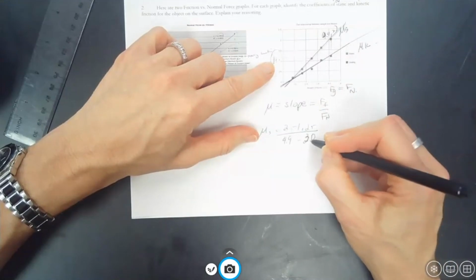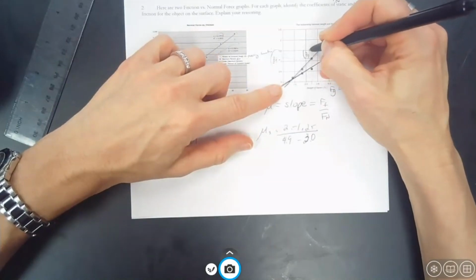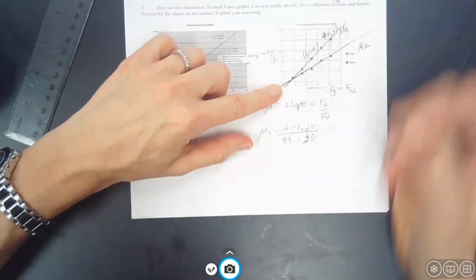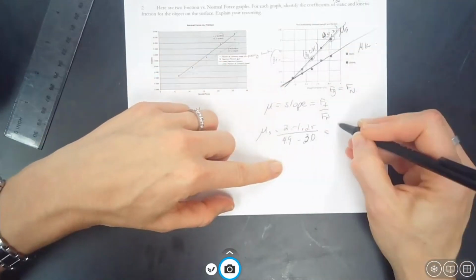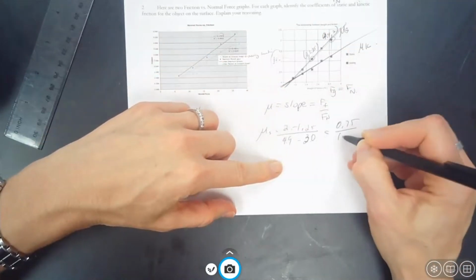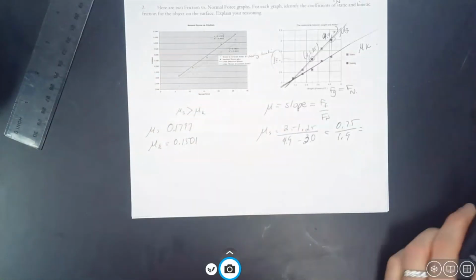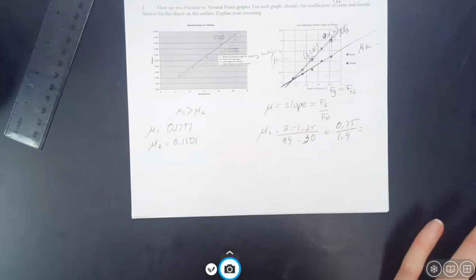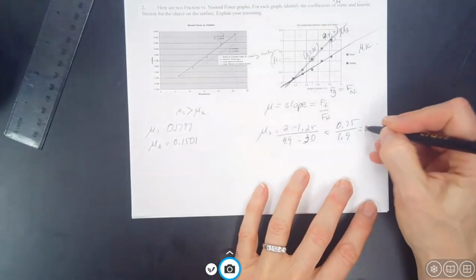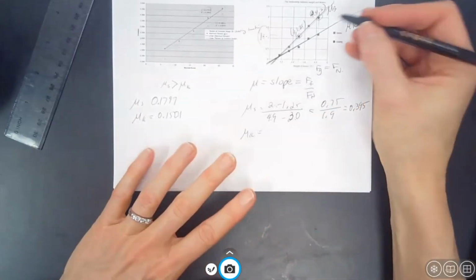Okay, so I like to mark the points I'm using. So I use these two points. And then you can figure that one out. 0.75 over 1.9, which is 0.395.